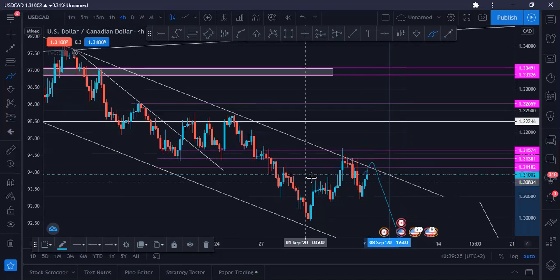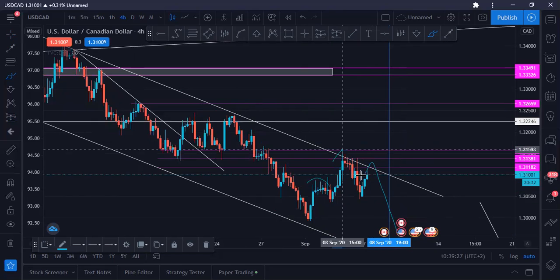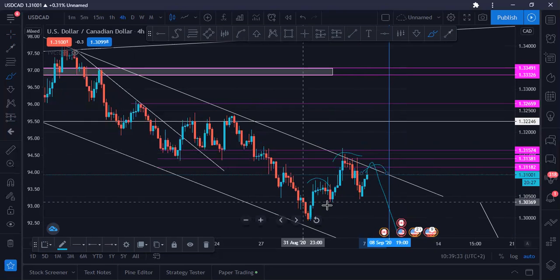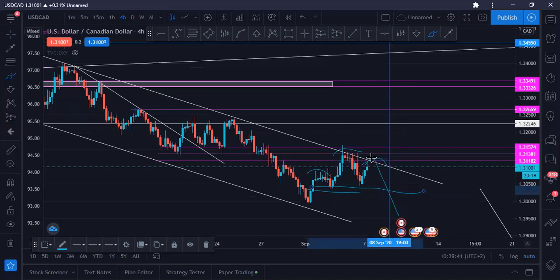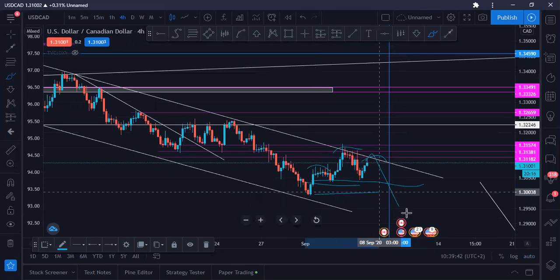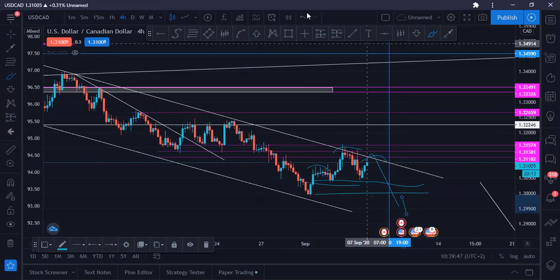As you guys can see, maybe there's some type of head, shoulder there, head here, and then of course another shoulder forming here. Here is your, that's not a straight line. Here is your line, and then you can potentially be looking to take out these lows here and go even further. Okay, so that's what I'm seeing with the USD CAD.